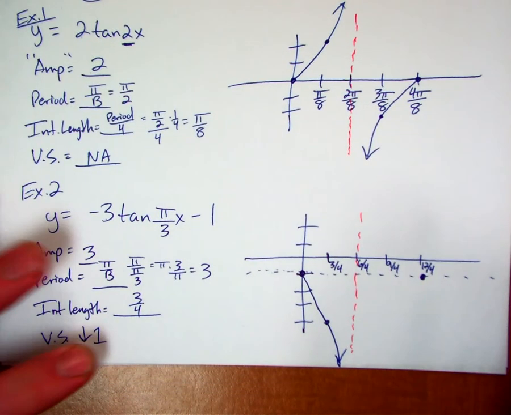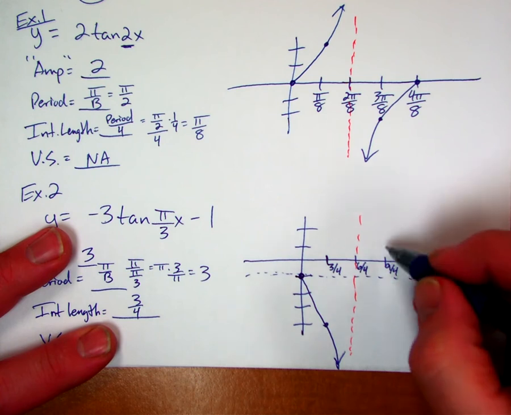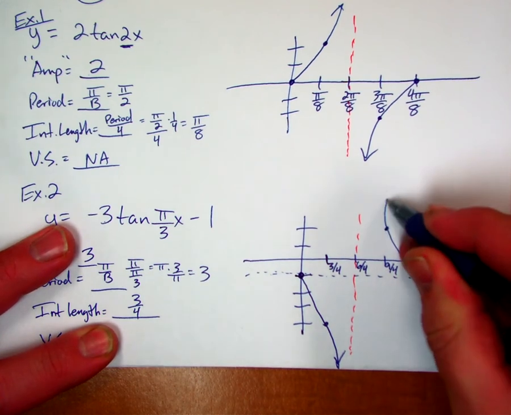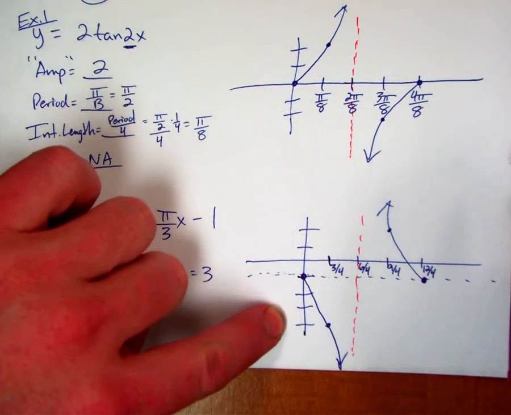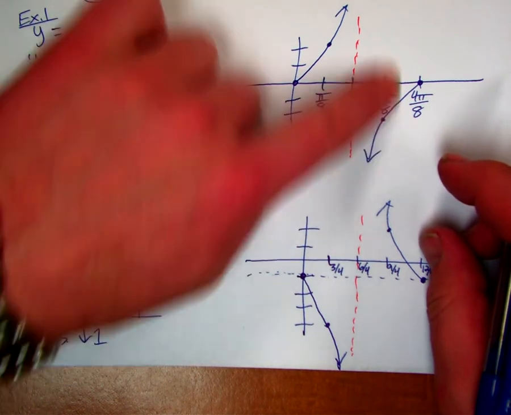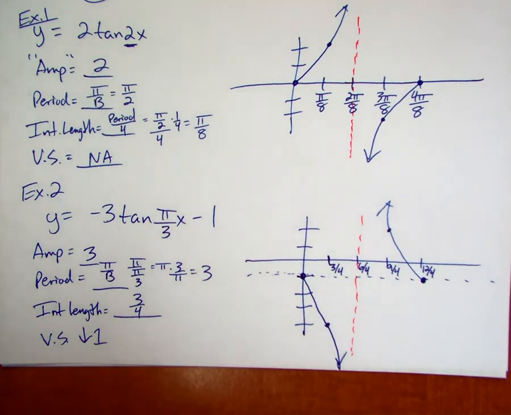From this point, instead of counting down 3 and drawing a line, I should count up 3 and draw my line this way. So notice, you got a positive version up here and a negative version down here. This just opens down, flipping that one negative, it just opens up. Okay? So there are our 2 examples of tangent right there.